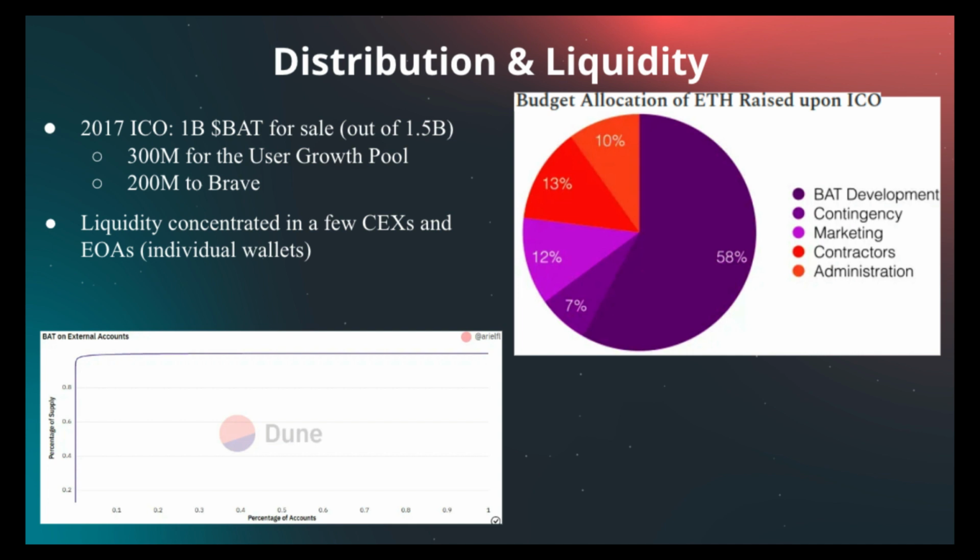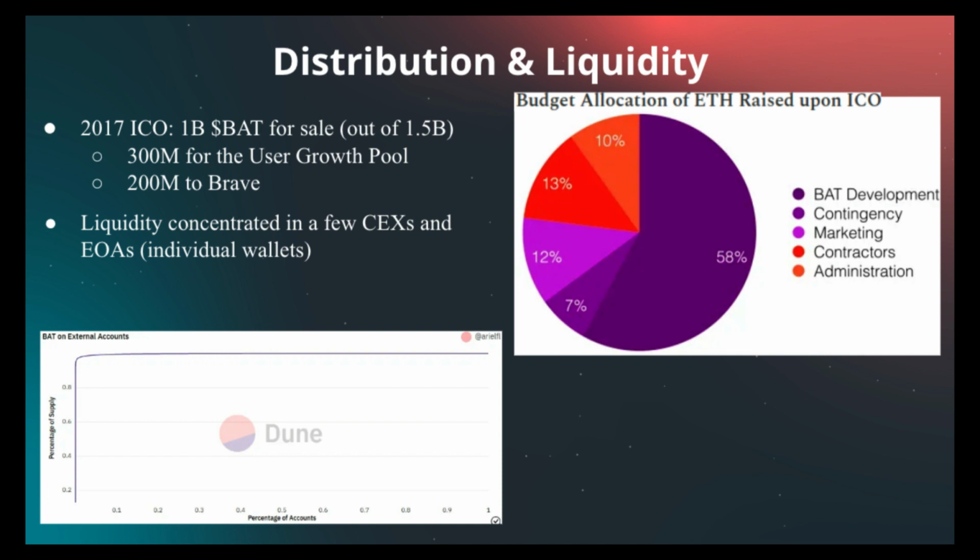And what I think is really concerning about BAT is how much the liquidity is concentrated. The graph I included here is for external accounts, which is the same as individual wallets. What this graph is telling us is that the top 1% of accounts on Brave hold more than 90% of the total BAT supply that is sitting on individual wallets.